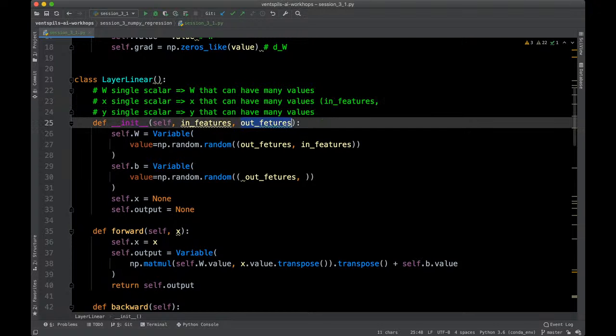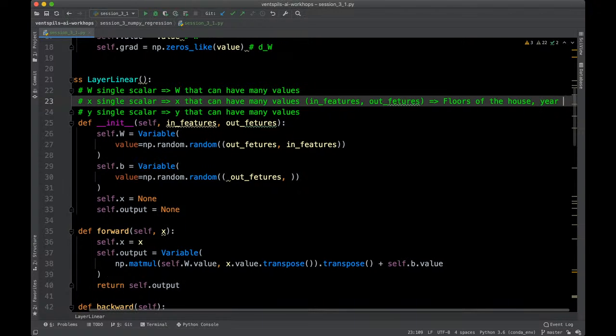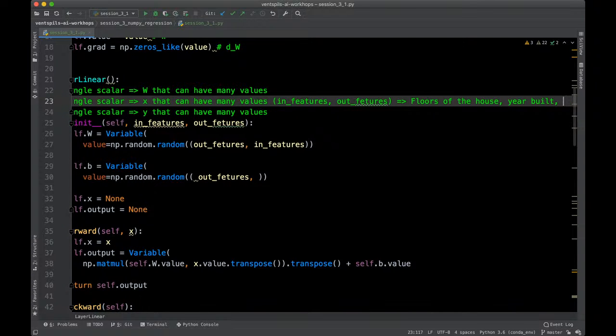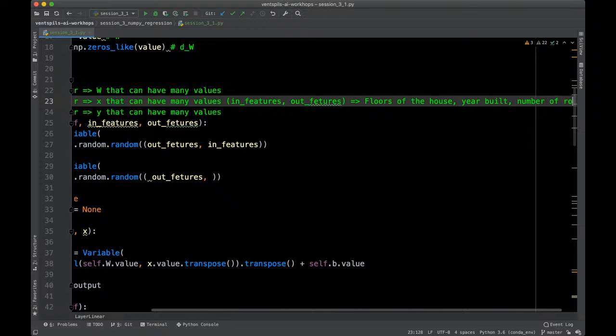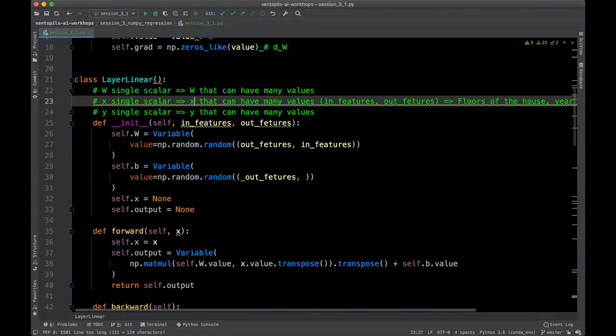What I mean by this is that let's say we have the floors of the house, but we want also to take into account for price prediction, let's say, year built, right? When it's built, then we can take in the number of rooms, you know. So now we have a three-dimensional vector x, and to handle a three-dimensional vector we need also three-dimensional weights.